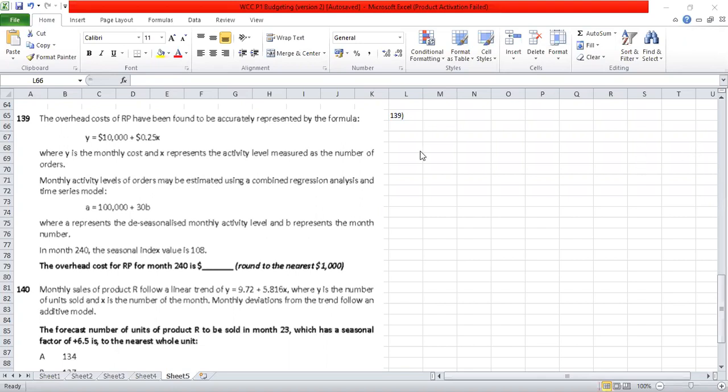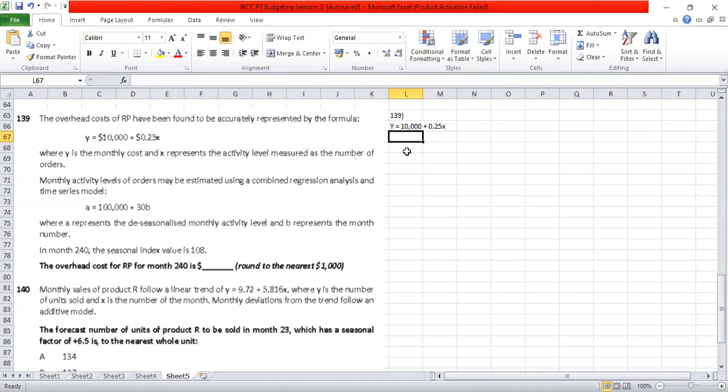Question number 139. Y is representing overhead cost.